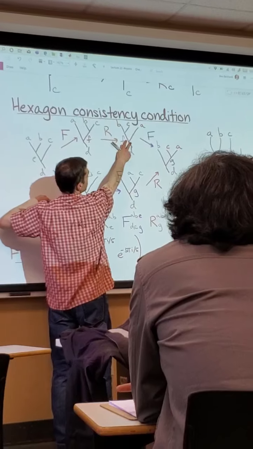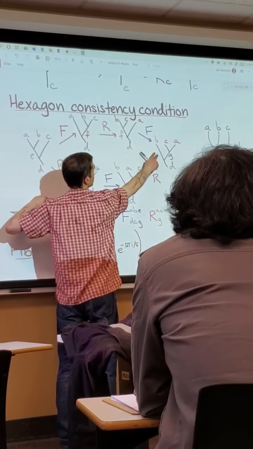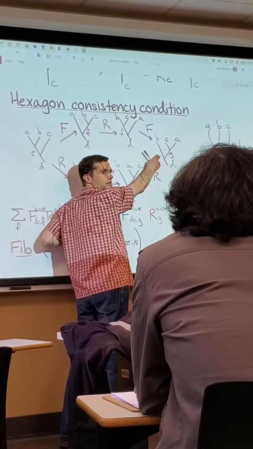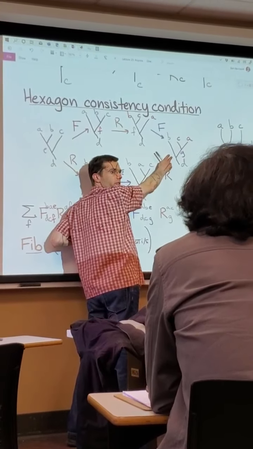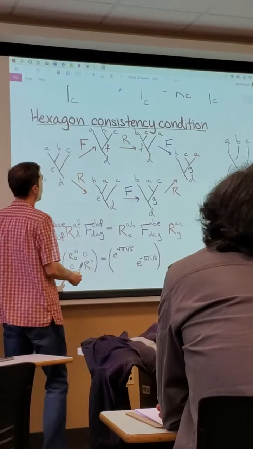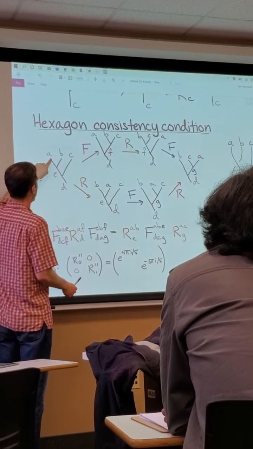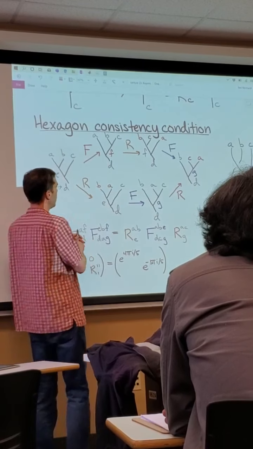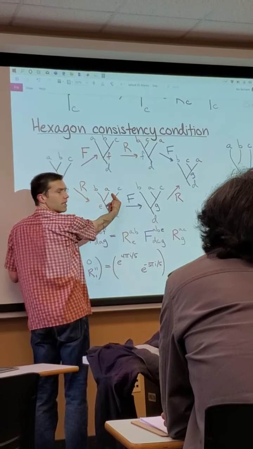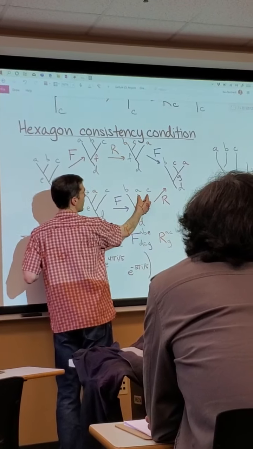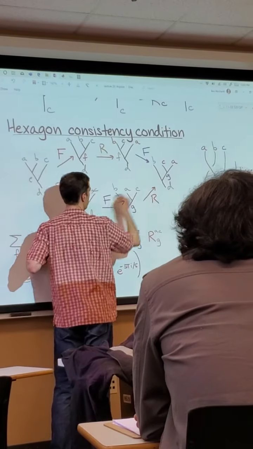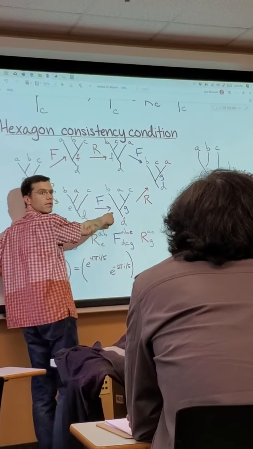And then I do an F move again, which is not necessary, but just to end up in this fusion order. And here what I'm doing is first moving A across B, and then doing an F move so that A is down there. Then I'm moving A across C. So it's 2 R's and 1 F.